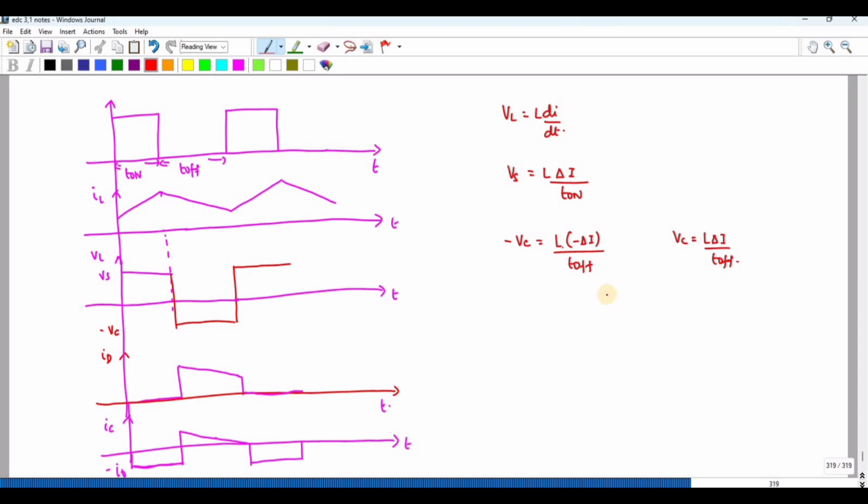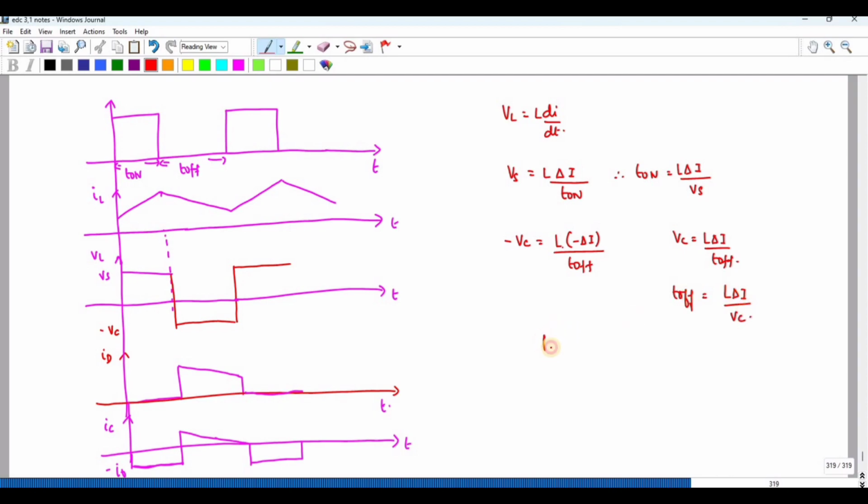From this equation I can write T on is equal to L del I divided by Vs, and T off is equal to L di divided by Vc.